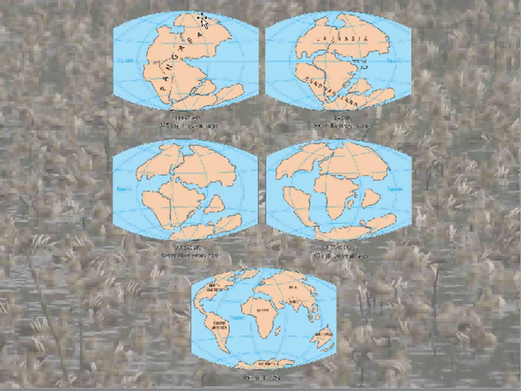Laurasia and Gondwana separate, and then Gondwana splits up. Laurasia splits up into North America and Asia, and Gondwana has split up, and we're getting close to the types of continents that we see in the world today.